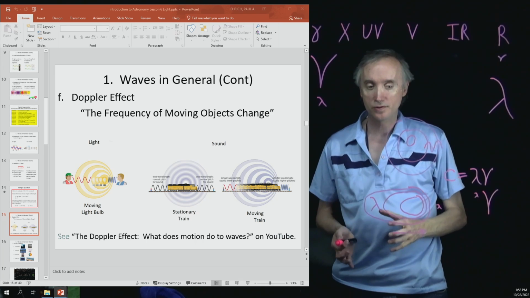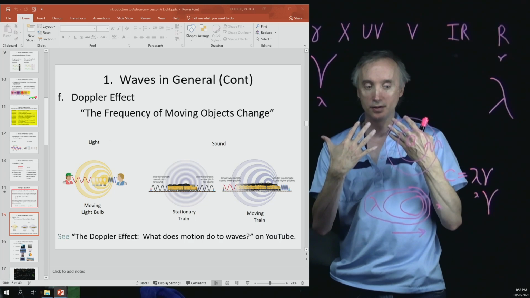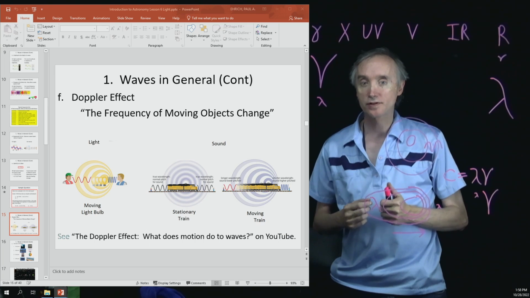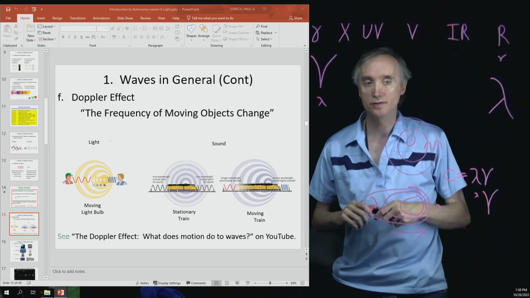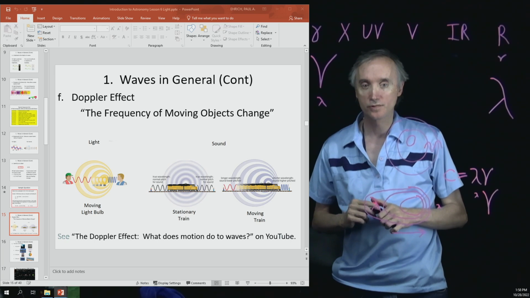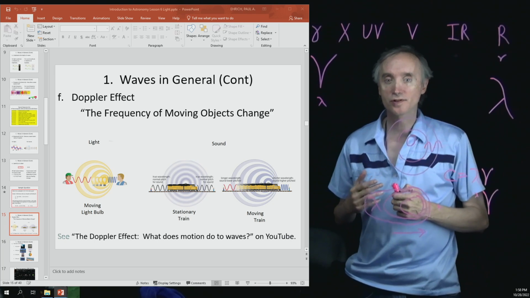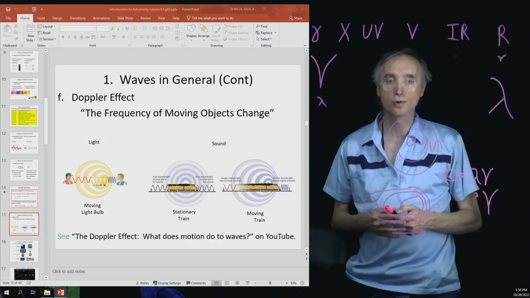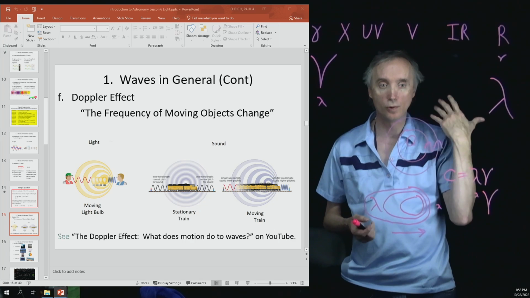That's the reason why if something is coming towards you, the frequency is going to go up. If something is moving away from you, the frequency is going to go down. That's called the Doppler effect, and it works for sound. You can do it with the sound of an ambulance or a car honking its horn as it comes towards you and then away from you.